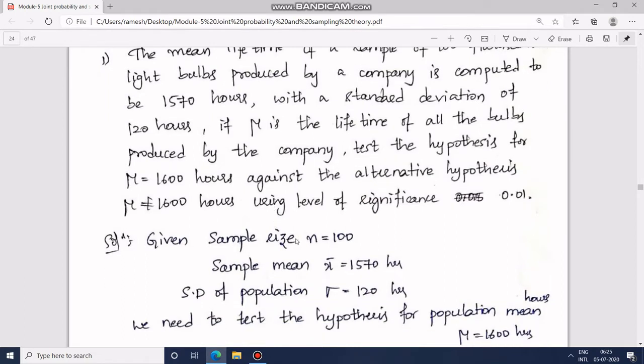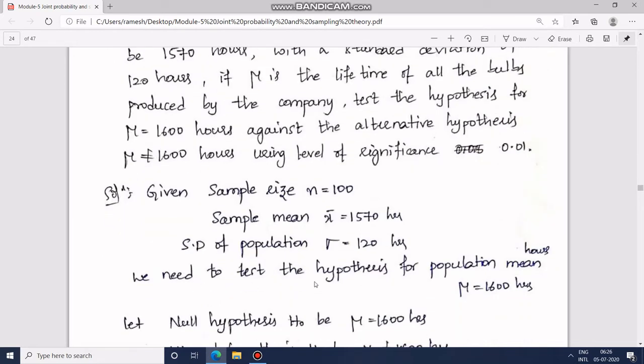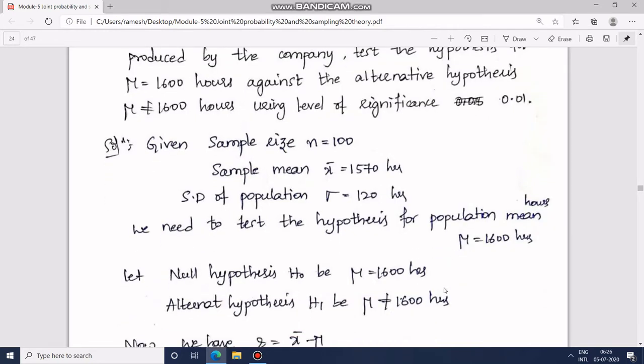Next, the mean of the sample is also given. Here, the mean lifetime of the bulb is 1570 hours, that is normally denoted by x bar. And one more data, the standard deviation of the bulb is also given, that is 120 hours. In this problem, we need to test the hypothesis for the population mean.